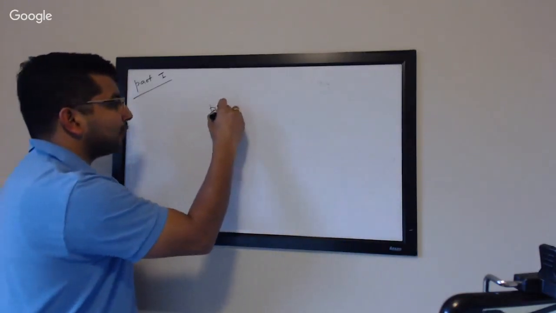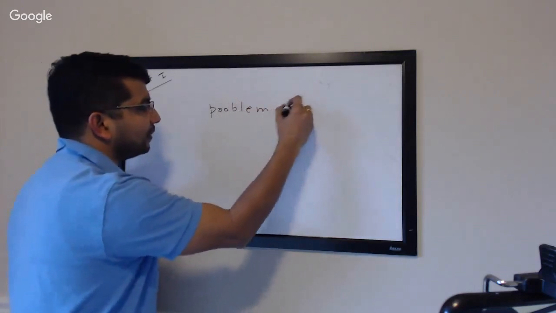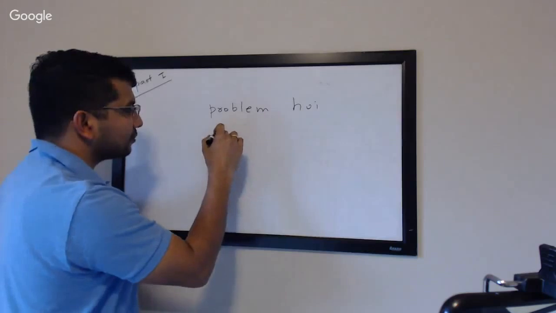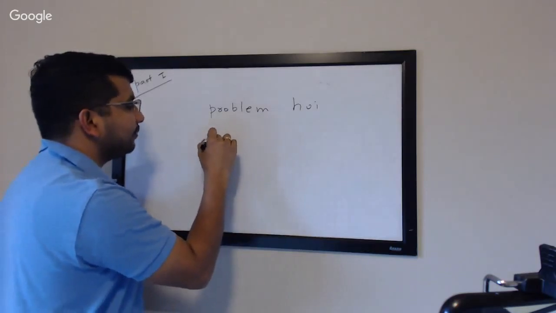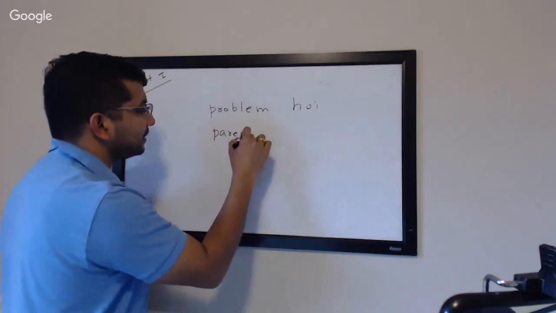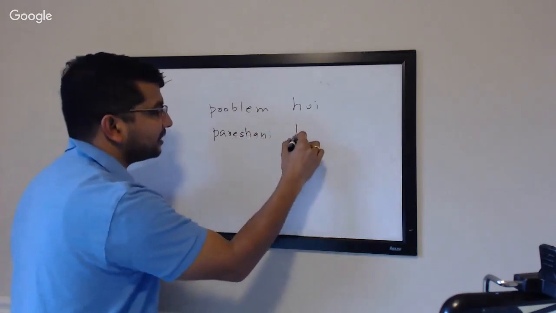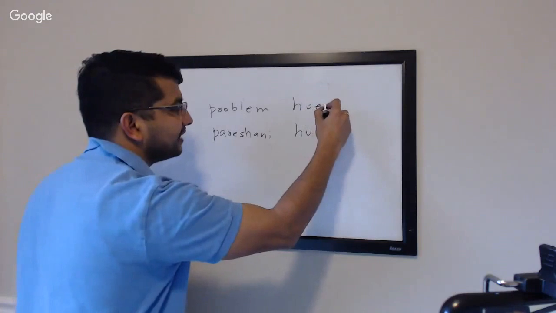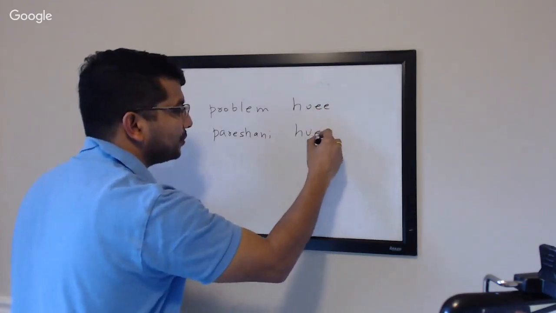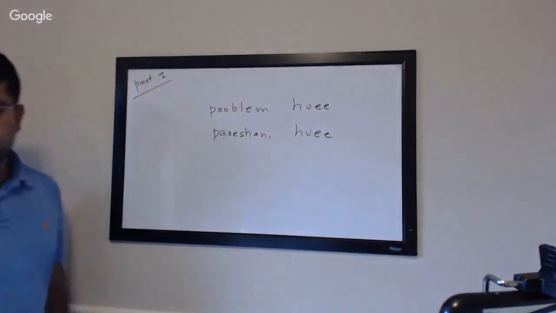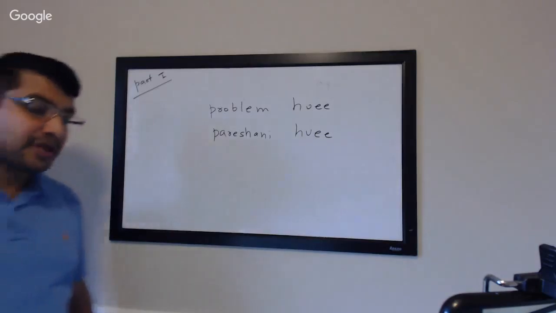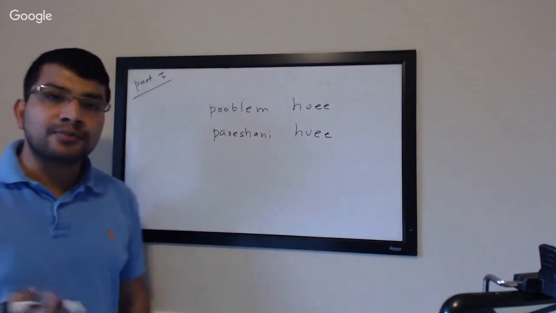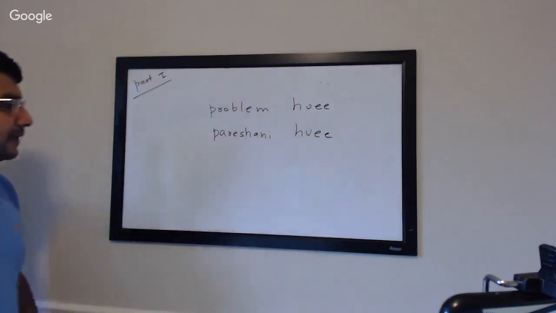You will say problem hui. Sometimes you use English words also, but in this case you can say pareshani hui, परेशानी हुई. So you can say मुझको परेशानी हुई or उनको परेशानी हुई. They face some problem.